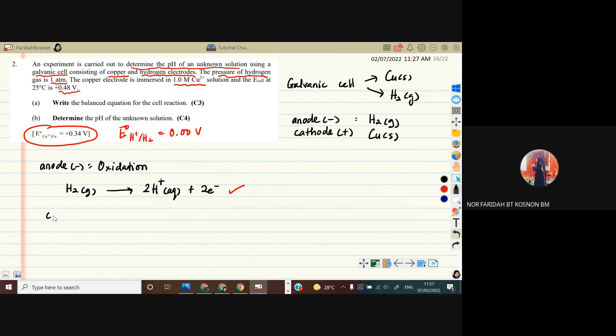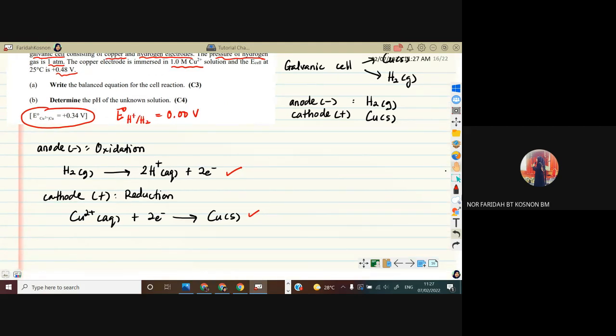And then at the cathode, which is positive terminal, the process that occurs is reduction. Copper ion in the electrolyte gains 2 mole of electron and deposits as copper solid. So this is half cell equation at the cathode, and we need the overall equation.